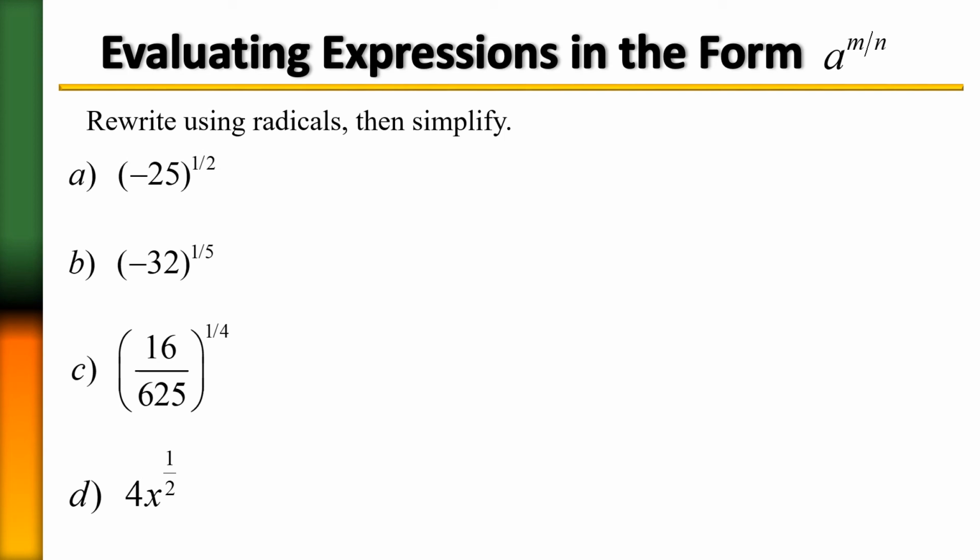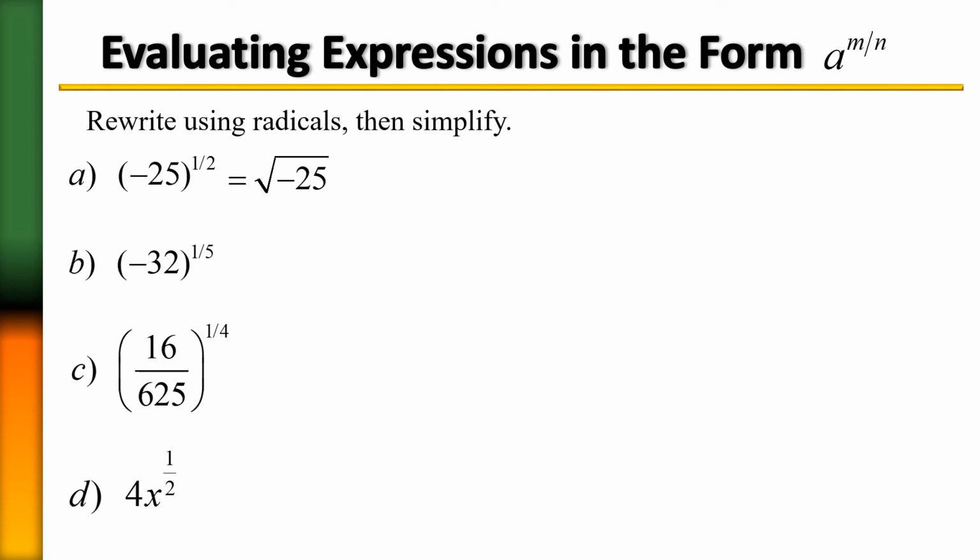So here we have, for the first example, negative 25 raised to the 1/2 power, which means that's going to be square root because of the 2. So we're going to write underneath the radical symbol the whole negative 25. Okay, so that's the difference.